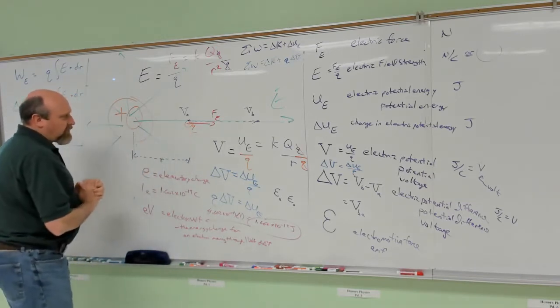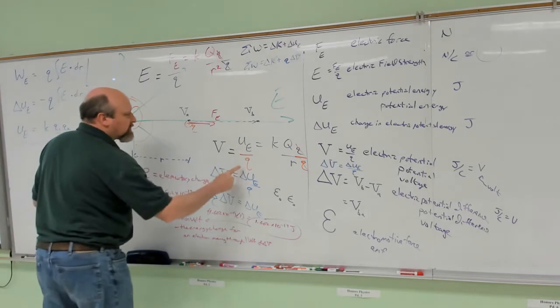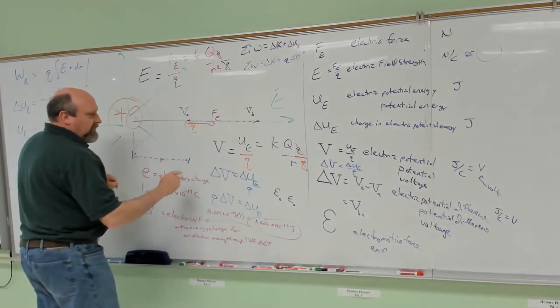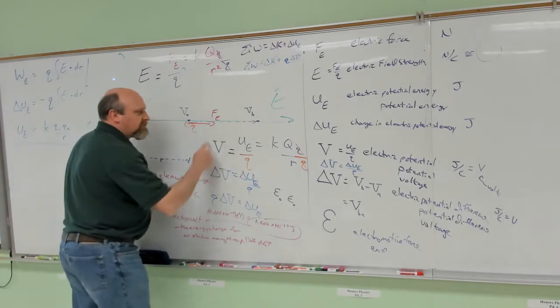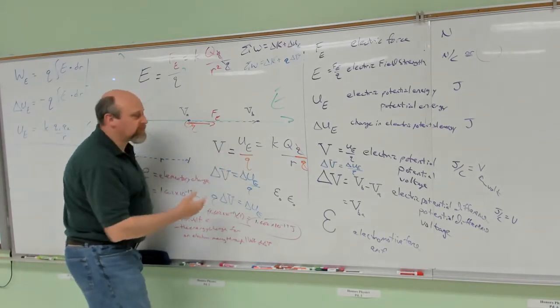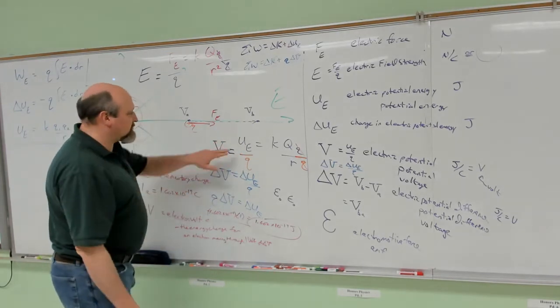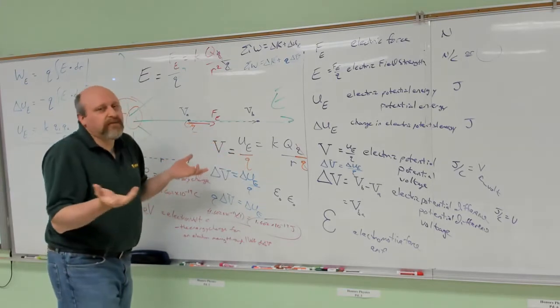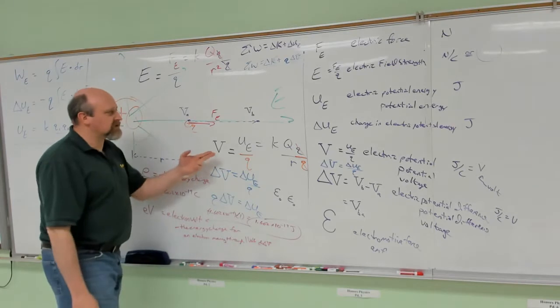So we talk about the potential energy per Coulomb that we would put at that location. V is my UE per Q, potential energy per charge, in units of joules per Coulomb, which we give the special name of a volt. So electric potential is in volts.